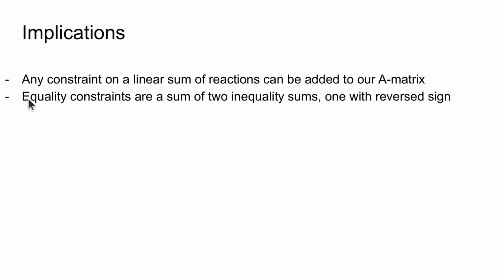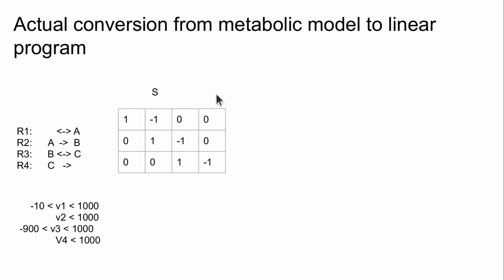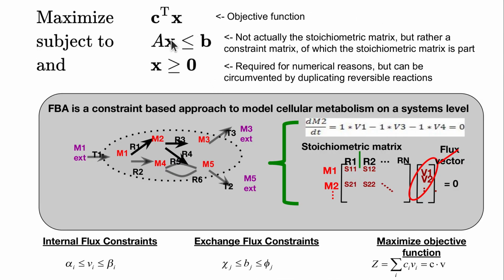And the second thing that's important to remember is that equality constraints are a sum of two inequality constraints, one with reversed signs. On top of this, I could also have added there that our Ax less than b formula here is how it has to be formulated, but any greater or equal inequality can simply be represented by adding a row with reversed signs.